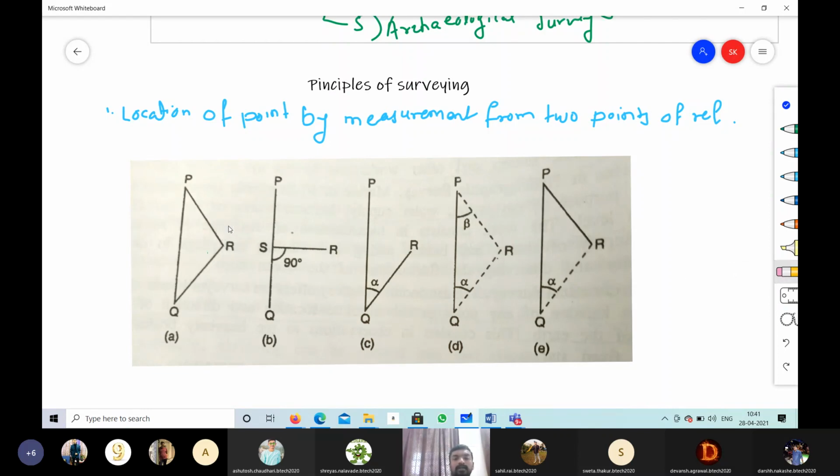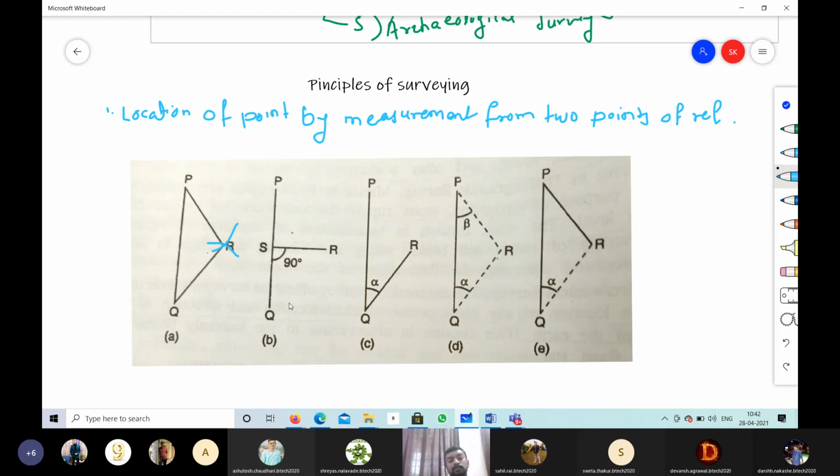So if we mark the distance with an arc, and then you measure the distance QR and mark the arc, suppose like this, in that way you can find out the point R.